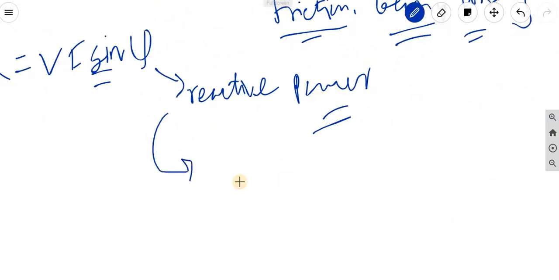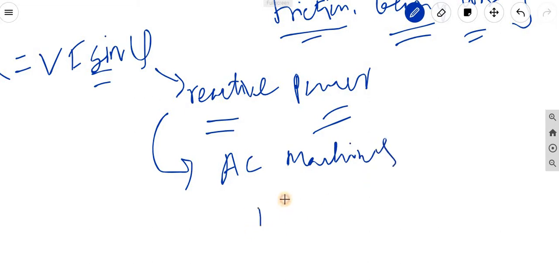Whenever you discuss electrical machines, AC machines basically, like a transformer, and we will study induction machines.